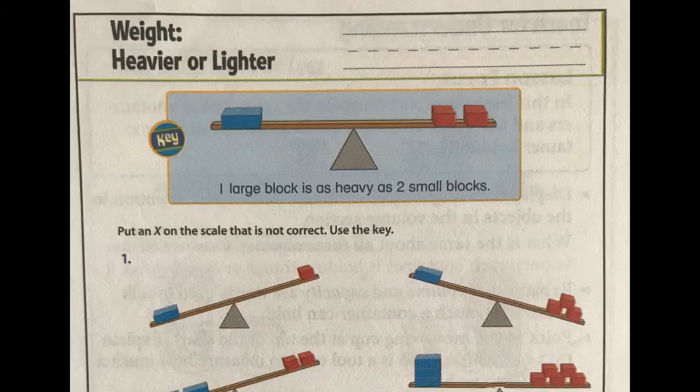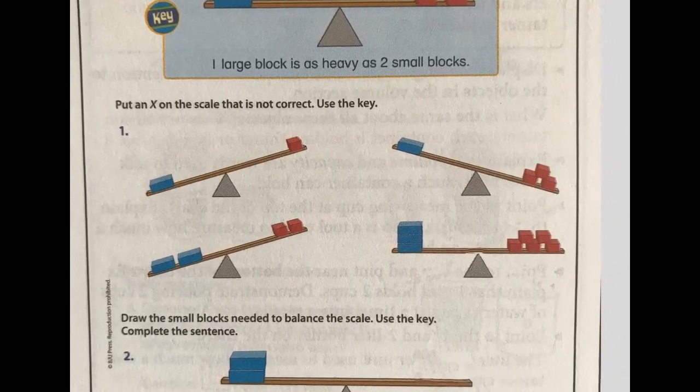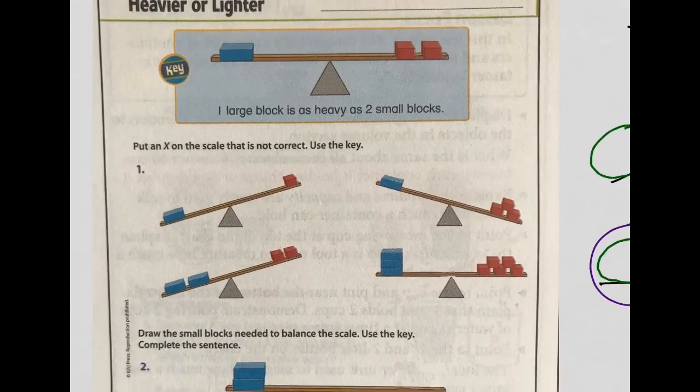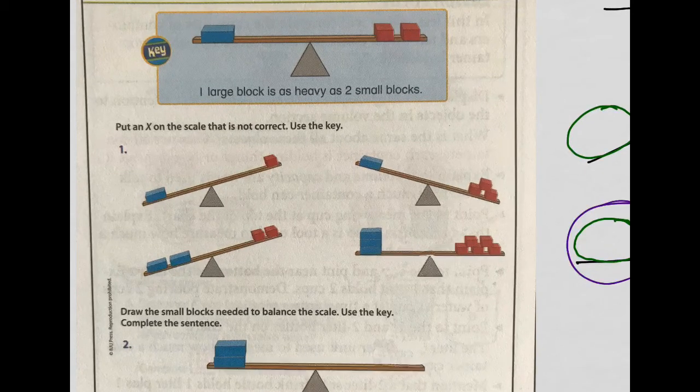So let's take a look at number one. Let me keep my key here so you can see it. The directions say put an X on the scale that is not correct. Use the key. Okay, remember, this is the key right here. One large block is as heavy as two small blocks.